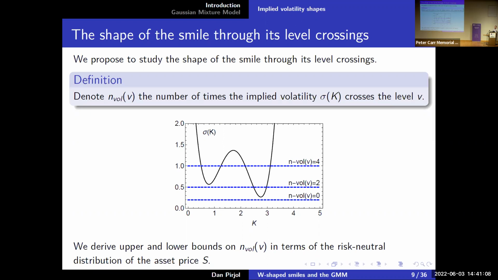For example, if you look below the lowest volatility of the smile, the number of crossings is 0, but then as you increase the level, it may cross 2 times, 4 times if the smile is distorted. And the main result was to find upper and lower bounds on this number of crossings if you are given the shape of the risk neutral distribution. So let's see how that works.